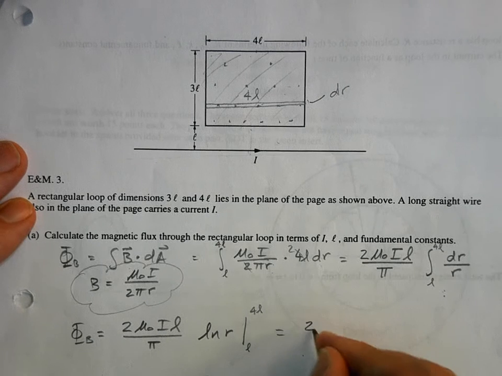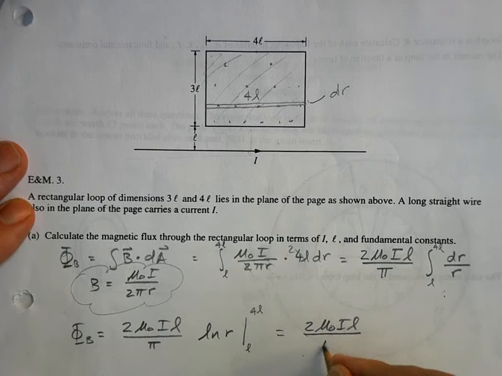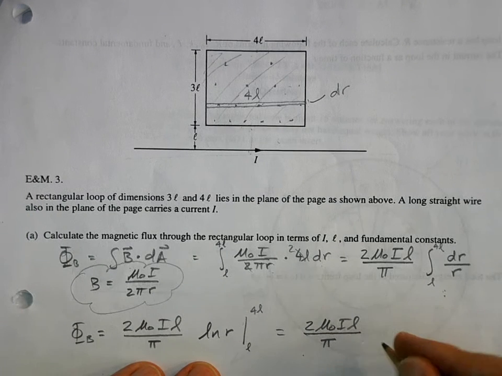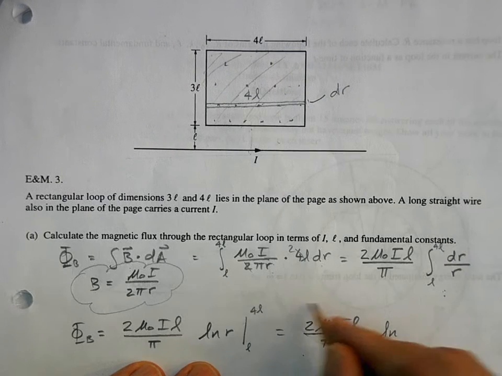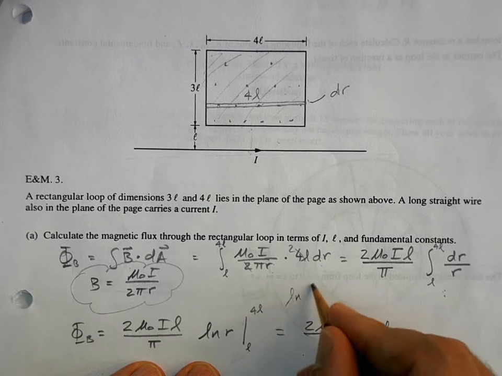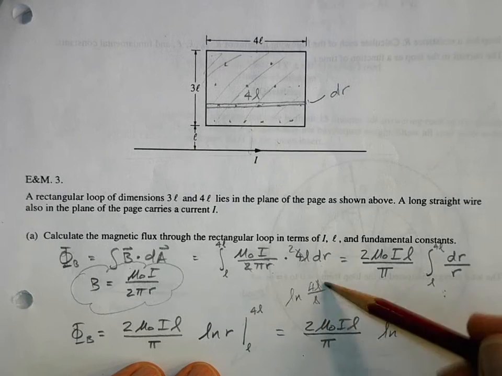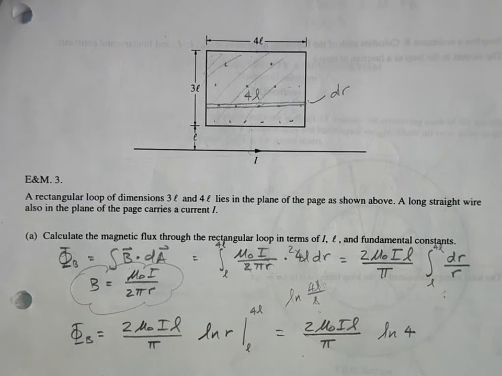So that's going to be 2 mu naught I L over pi times the natural log of 4L over L. The L's cancel. It has to cancel because this has to be dimensionless. This is just plain old 4. And that's my answer.